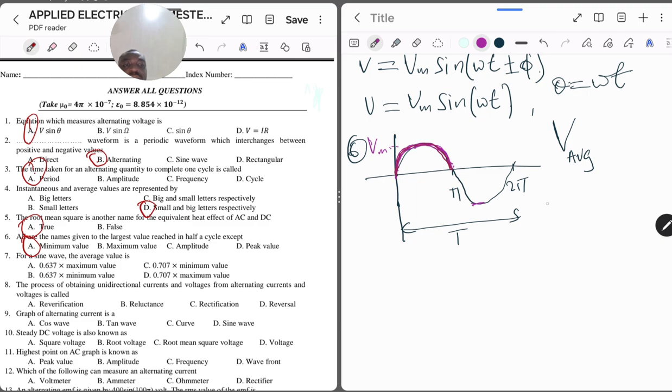Average value is going to be equal to 0.637 times the maximum value. So the answer here is 0.637 times the maximum value. So it's A. The answer here is A.